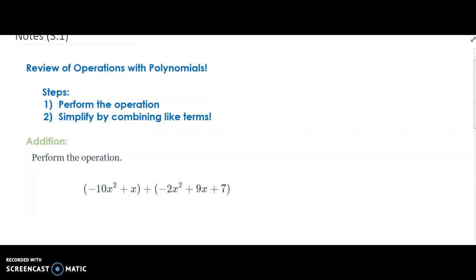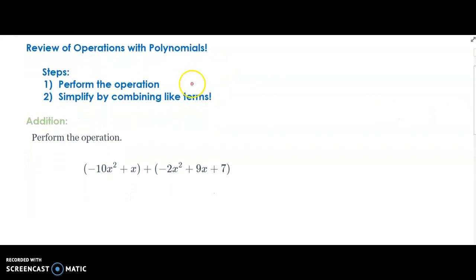You can see generally, each of these operations is going to follow some similar steps. You do the operation, you add, subtract, multiply, whatever. Then you simplify by combining like terms so that your ultimate answer will be some polynomial, and that polynomial should be in standard form.